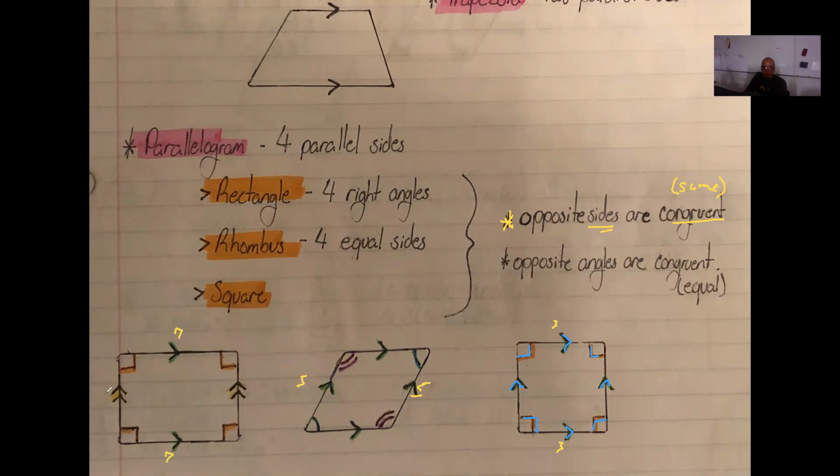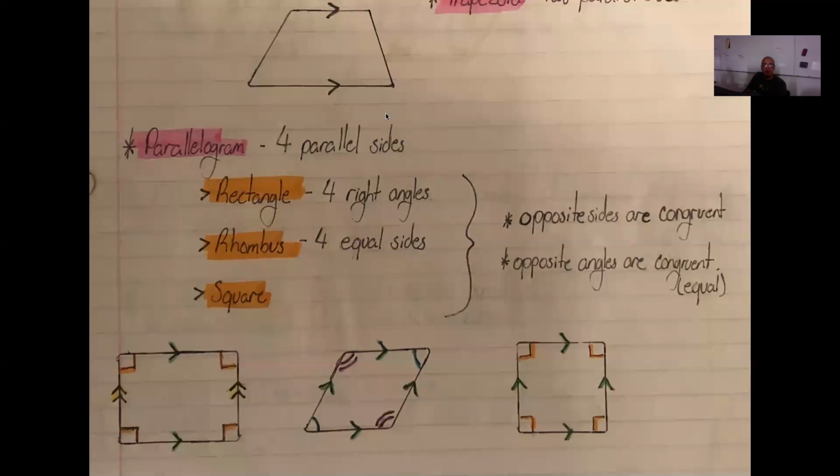If this is 8, this is going to be 8, etc. Of all parallelograms, opposite angles are going to be congruent. So obviously in a rectangle, they're all 90. In a square, they're all 90. But if it's just a parallelogram or rhombus, if you know what one angle is, you can figure out the other because they're going to be the same. And so opposite sides are congruent, opposite angles are congruent, and opposite sides are all parallel because it's a parallelogram. But a rectangle has 4 right angles, a rhombus has 4 equal sides, and a square will have 4 right angles and 4 equal sides.